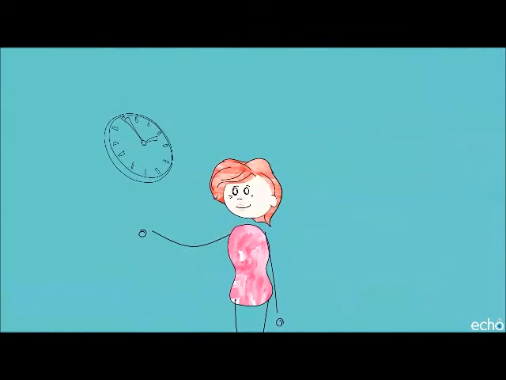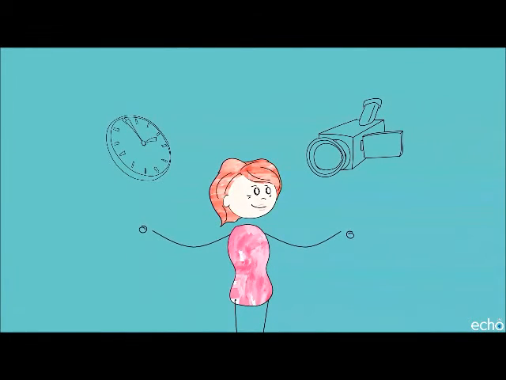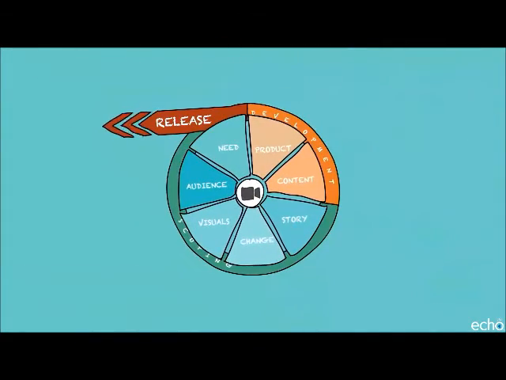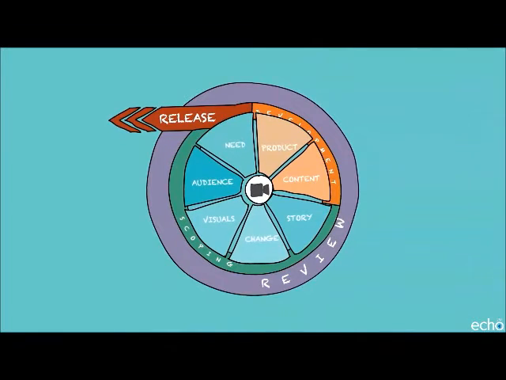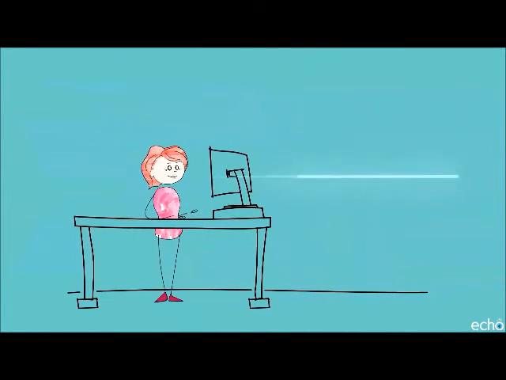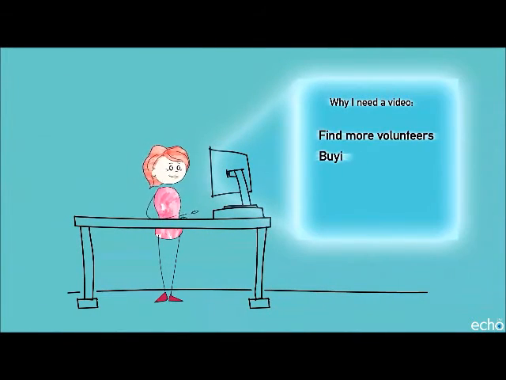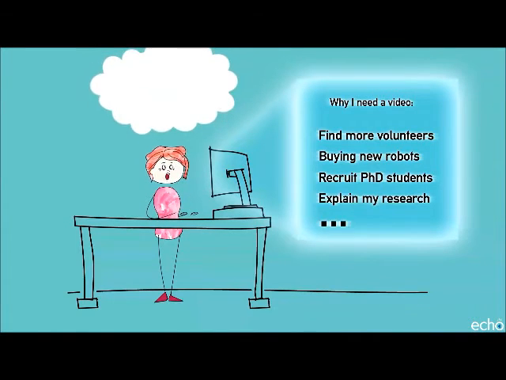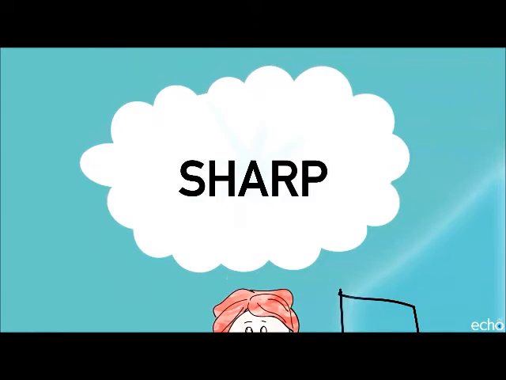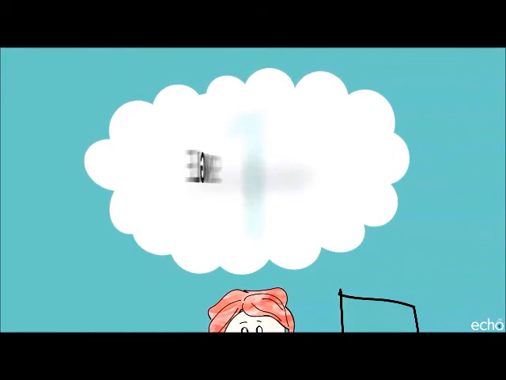Polly has time and resources to make a video about her research. She's using the media development model to improve her chances of making a video that delivers impact. She starts by listing the reasons for needing a video, but soon realises that her list is too long. The model recommends keeping videos short, sharp and focused on addressing a single need.